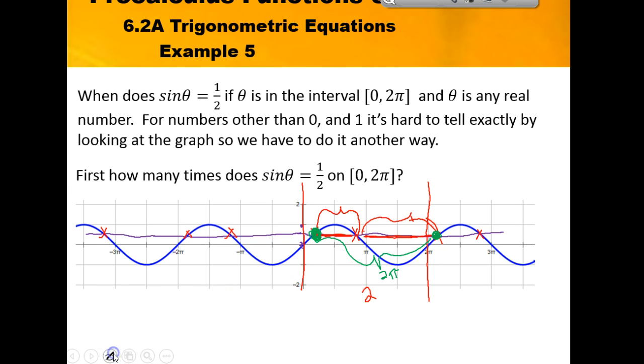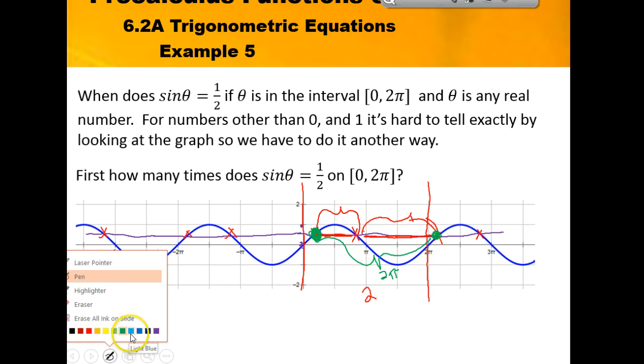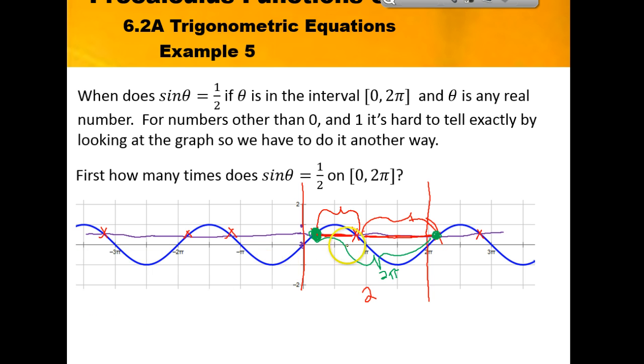Let's do this in another color, maybe this orangey color. I don't know how good it's going to show up. But then we're going to have this one, and then we're going to pick up the second pairing over here, and that's going to be something plus 2 pi n. So for both of these, we're going to have this.